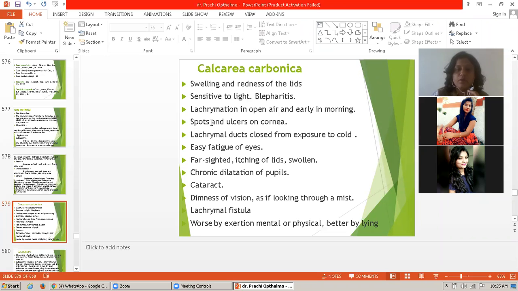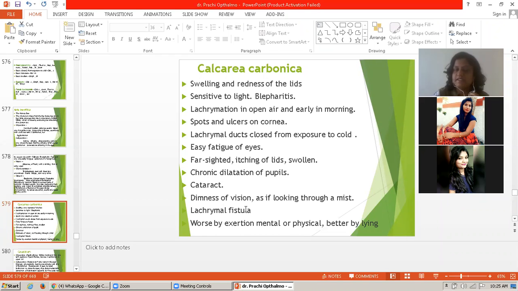So there are spots and ulcers on the cornea. Lacrimal duct closes from exposure to the cold, with easy fatigue of the eyes. Farsightedness, itching of the lid, swollen, chronic dilatation of the pupil, cataract, dimness of vision as if looking through a mist, then it is useful in lacrimal fistula.